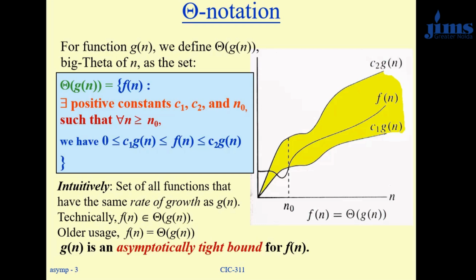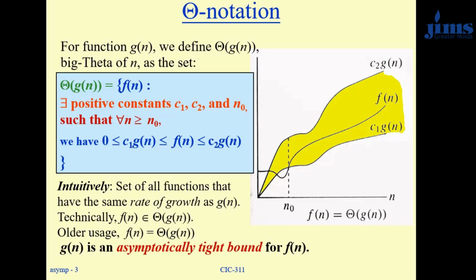If you have a look at the graph, although in the beginning they are crossing each other, one may be less, the other may be greater, one after the other, after the value of n crosses n naught, the value of f(n) is always lying between c1 g(n) and c2 g(n). c1 g(n) is always lesser than the value of f(n), and c2 g(n) is always greater than that.